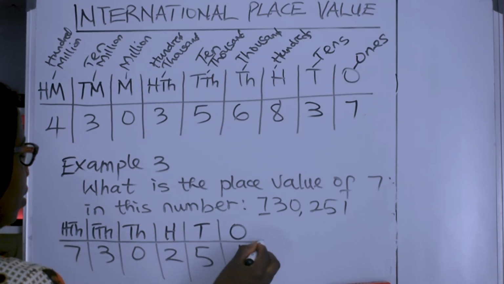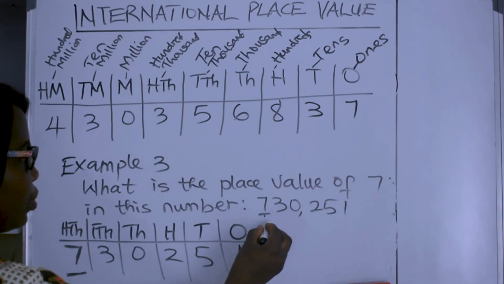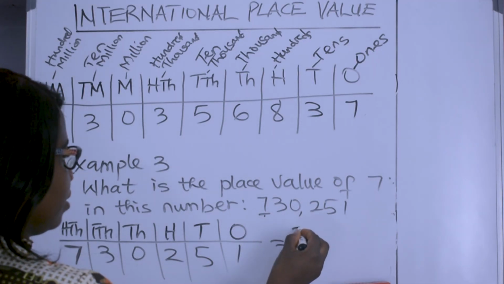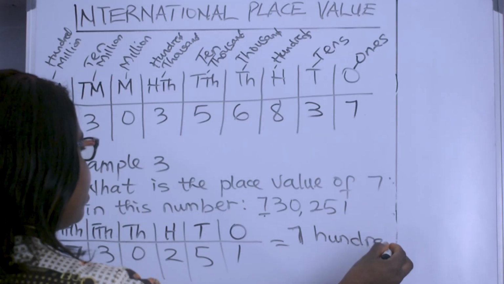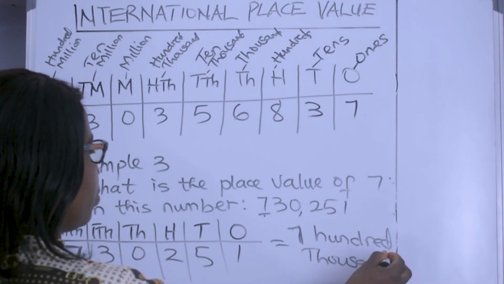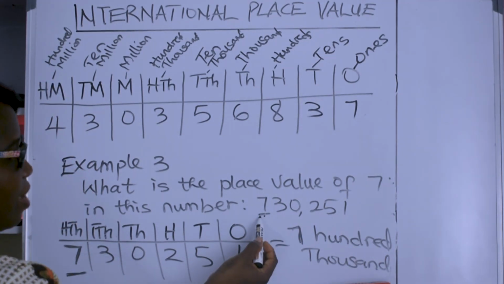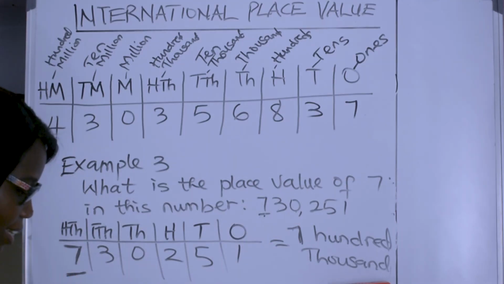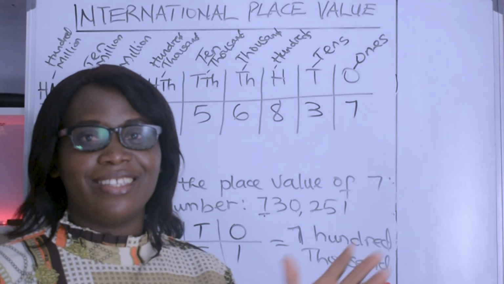So, looking at this, the place value of 7 is 100,000. So this is 700,000. That's when you want to say the number. You say 730,000. So that is how you find the place value of every digit. Bye.